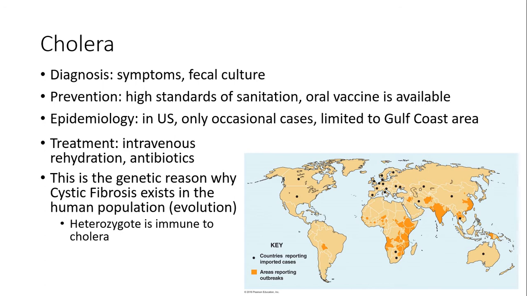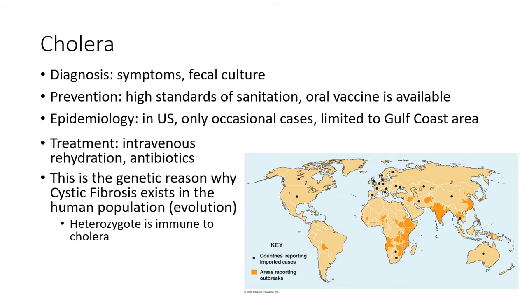If you've ever done a Punnett square, you know that there are two versions of any given gene. You get one from mom, one from dad. So you have two copies. If you have what's called the dominant version, then your potassium chloride channels work just fine. If you have two of those, all the better. But if both of your copies are what's called the recessive version, that means those potassium chloride channels don't work very well, or they don't work at all.